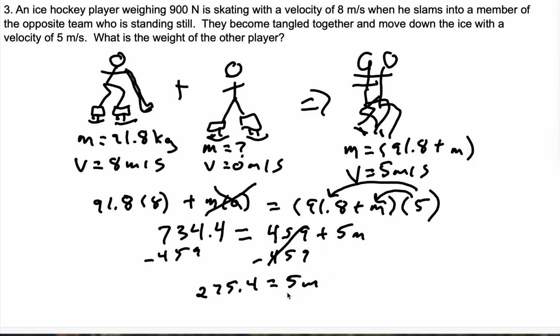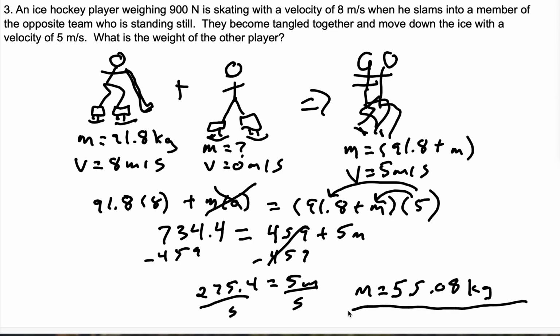Now I've got to get rid of the 5, so I divide both sides by 5. And I get the mass equals 275.4 divided by 5. That will be 55.08 kilograms. So that would be his mass.